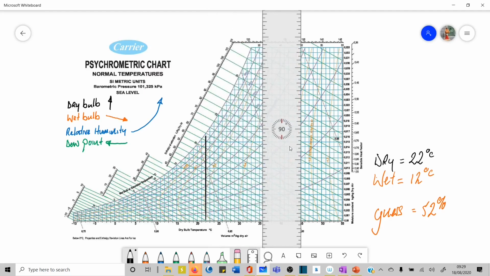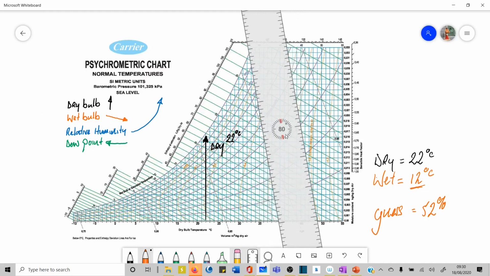Let's just put a little mark there. So we're going to say dry bulb, 22 degrees. Okay, now we're going to take a look at the wet bulb. Over here we have the wet bulb at 12 degrees, and we've got it at this angle here.